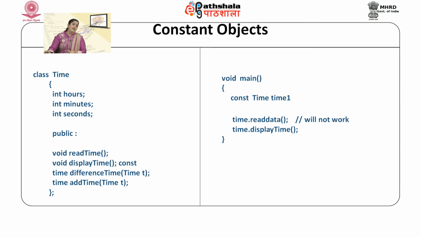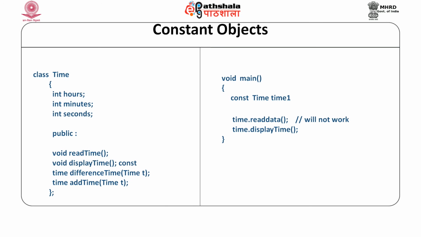So, when an object will not be able to modify itself, let us have a look at this particular time class. See, if you look at the members of this class, out of these 4 functions, one of the functions has been defined as a constant function.